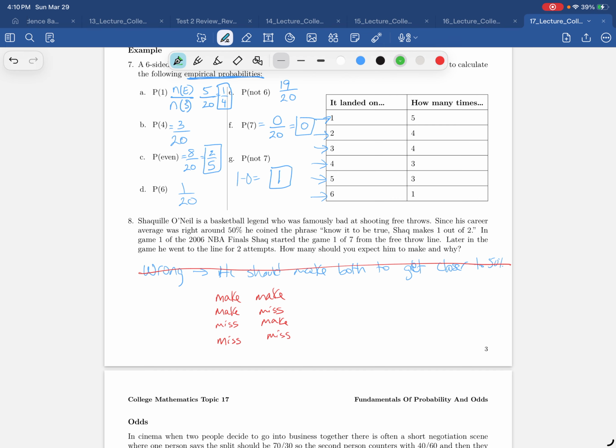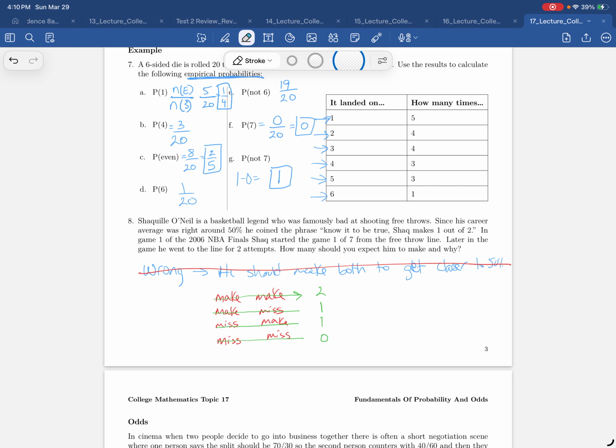In one of these, he ends up making 2. In this one, he ends up making 1. This version, he ends up making 1. And in this version, he ends up making none. And so you can even kind of see it this way. It's most likely that he is going to make 1 out of the 2. That's the most likely event to occur. We can do this only because he's a 50% shooter and a make and a miss are equally likely.